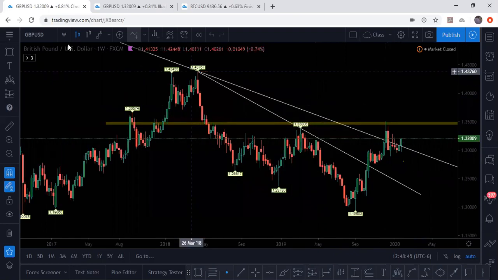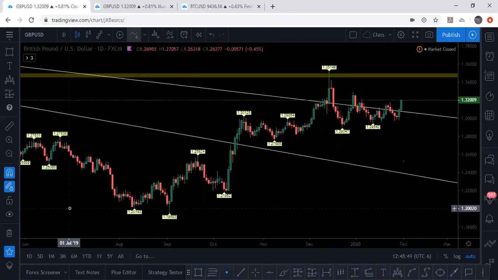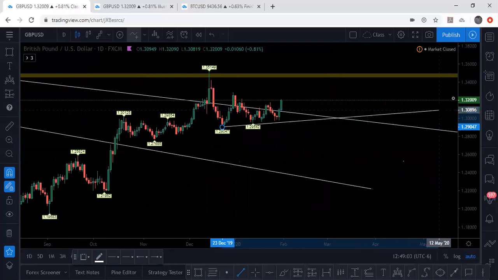So let's take it to the daily. All I'm doing is trend line, zone, Fibonacci, pivot points, high, low. On the daily perspective, remember we want to connect this point, the low, to the next low, which in this case is a higher low.